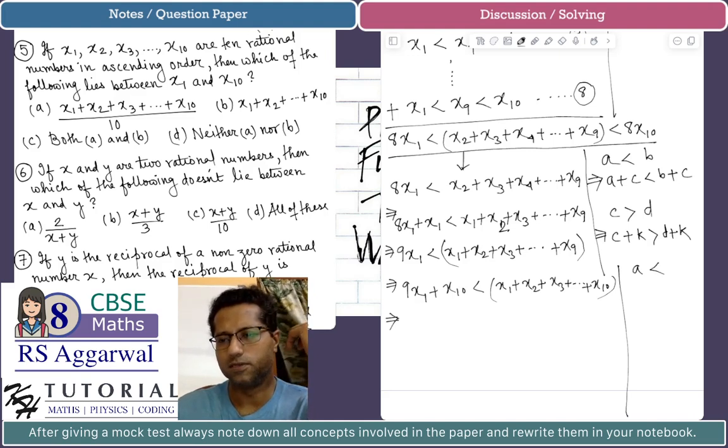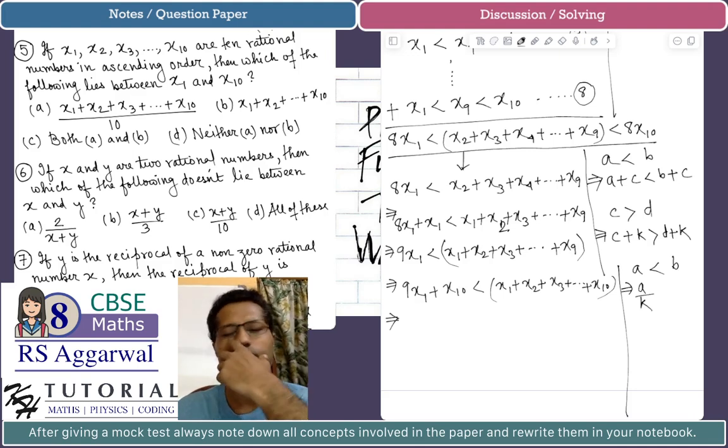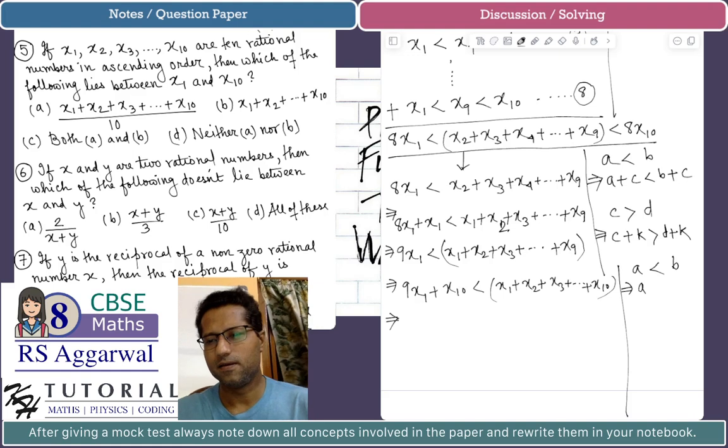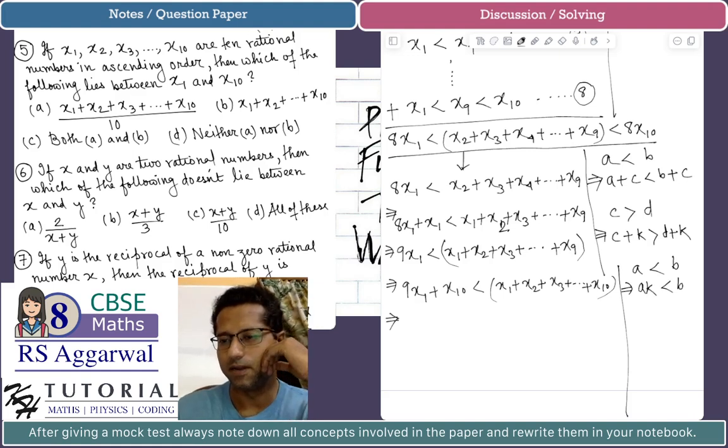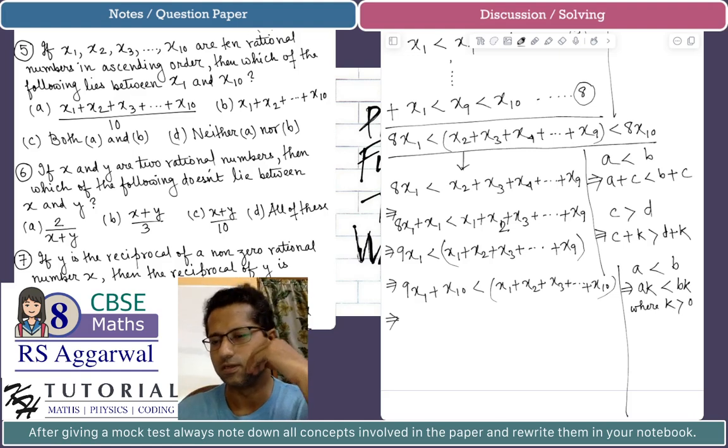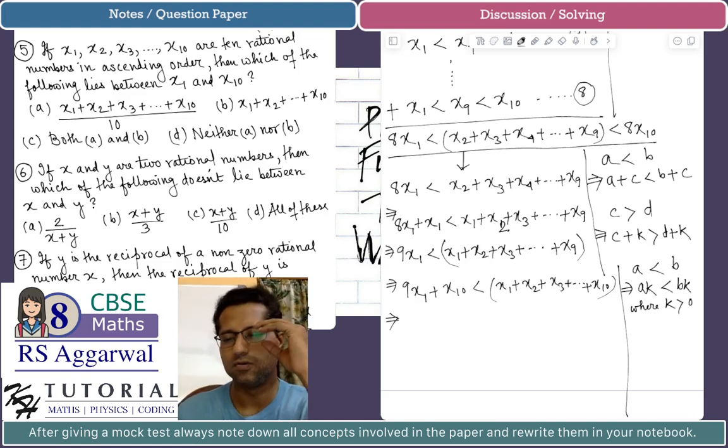I am discussing with a less than. If you have a less than b, this implies that a multiplied by k will be less than b multiplied by k, where k is some positive constant, any number. It could be less than 1, greater than 1, whatever.